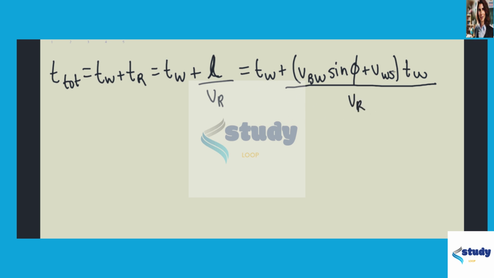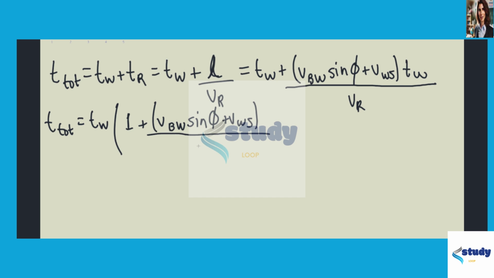And then we can factor out a t sub w. So t total would be equal to t sub w times 1 plus, and then again, velocity of the boat relative to the water, sine of phi, plus velocity of the water relative to the shore, divided by v sub r. Close parentheses.